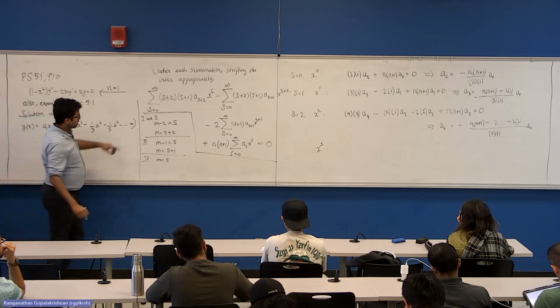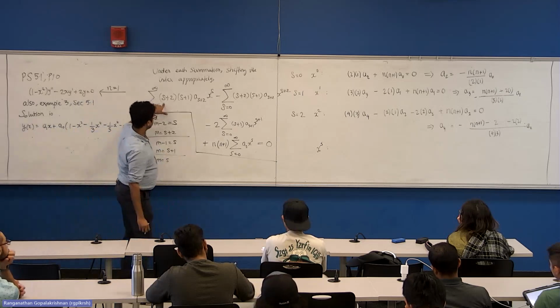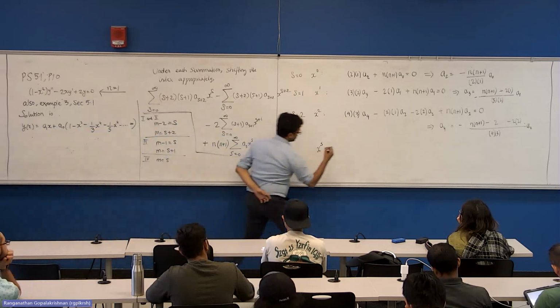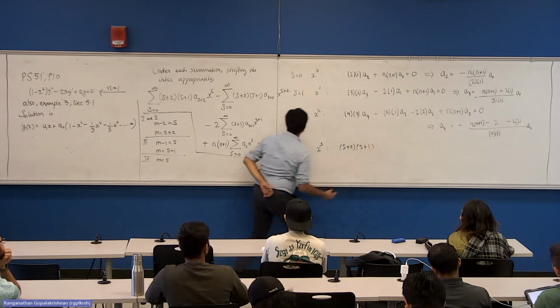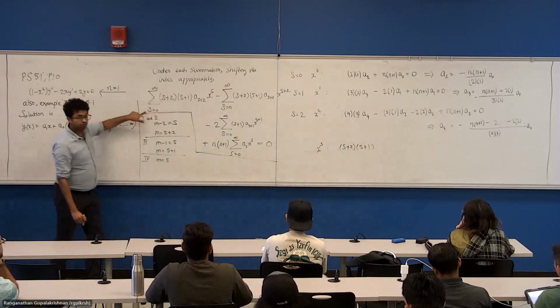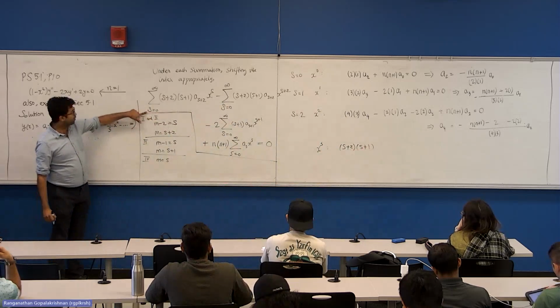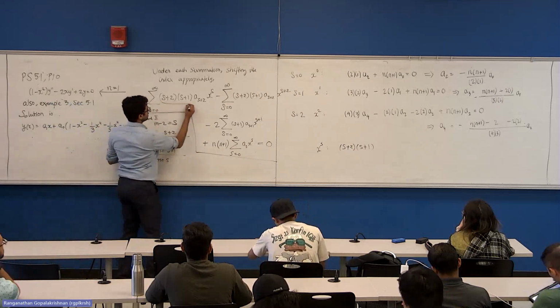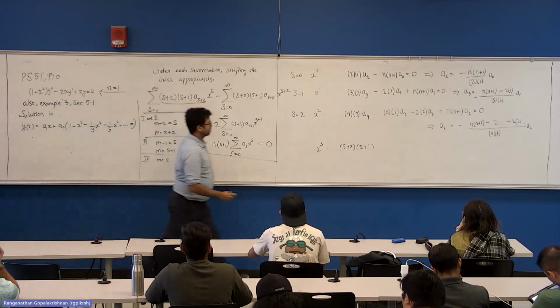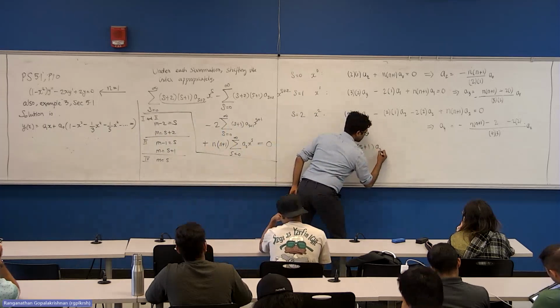If you want x power s, you would take the first summation and write s plus 2 times s plus 1, wouldn't you? If you take x power s in the first summation, that will be this term. That's the coefficient of x power s, A s plus 2.